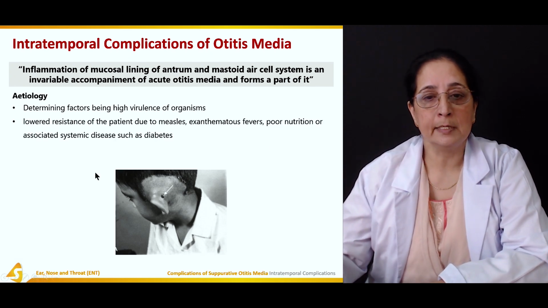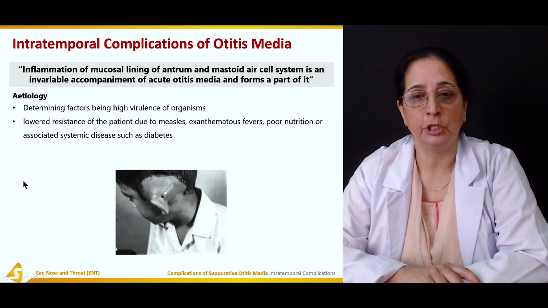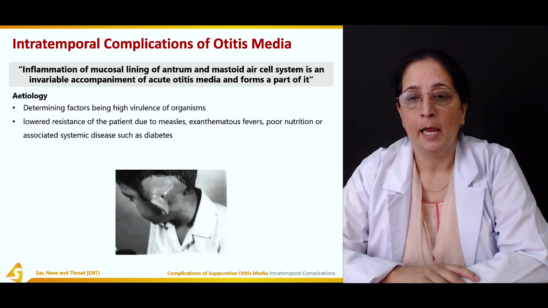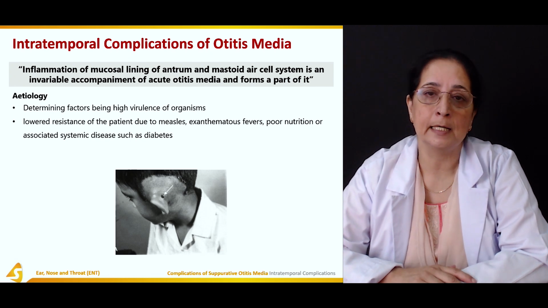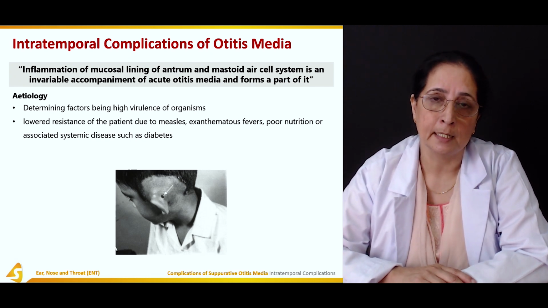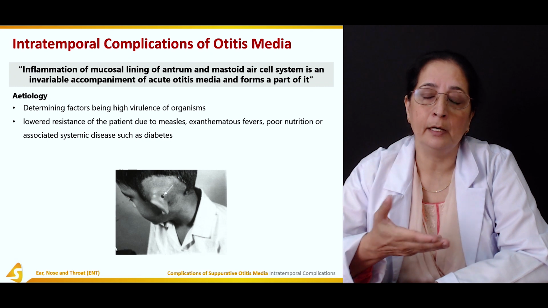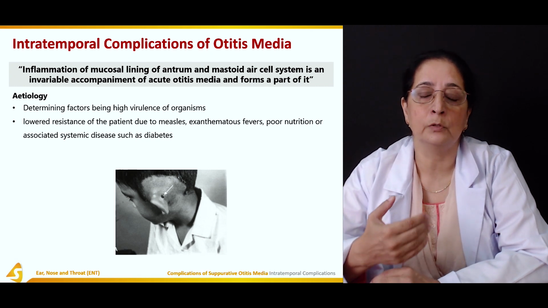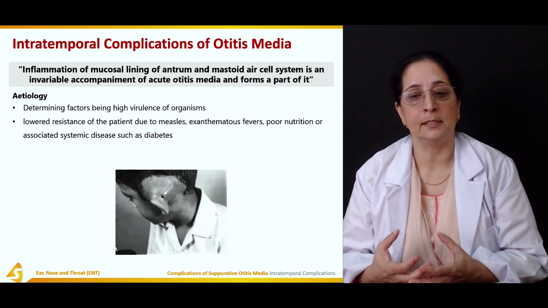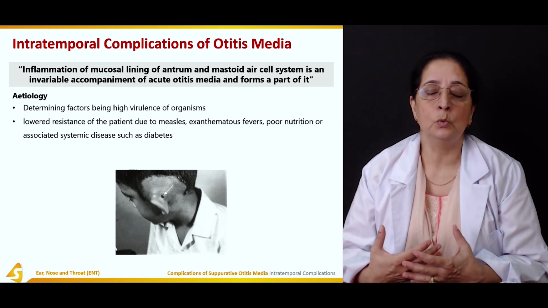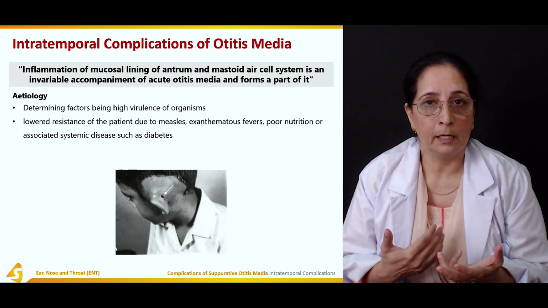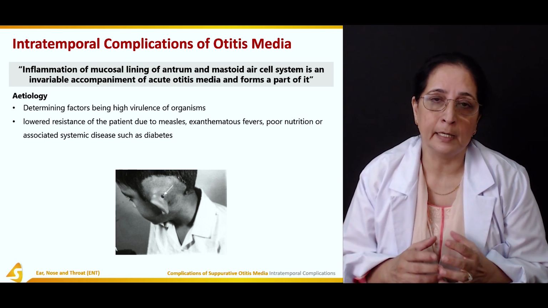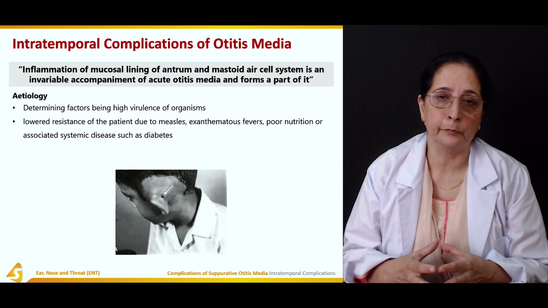Then the low resistance of the patient due to measles and other exanthematous fevers, poor nutrition and diseases like diabetes. As we mentioned earlier in section 1, some of the factors that lead to complications were the virulence of the organism and then immunocompromised patients.